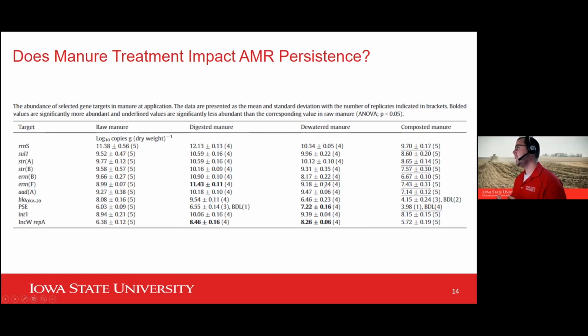If we see it's underlined, that would mean that it is statistically significantly lower in concentration. So for both the digested manure and the dewatering manure, they tended to have very little effect on antimicrobial resistant genes via those treatments. On the other hand, composting that manure, we see that most of those compounds where we see antimicrobial resistant genes tended to be statistically reduced via that treatment.